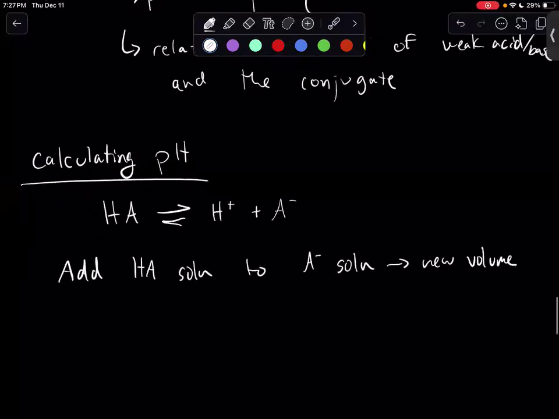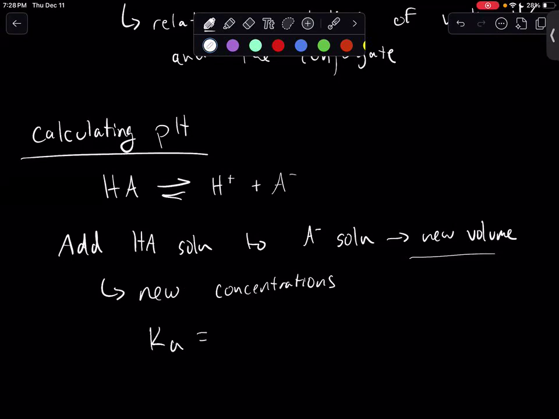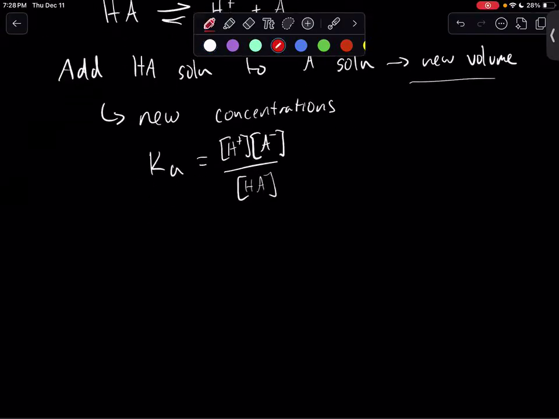So when you're creating a buffer, either via titration or by adding the salt to the acidic solution, we have a new volume. A new volume means new concentrations, which means you have new concentrations to plug into your Ka formula, where you're using these individual concentrations as you're calculating the concentrations of each. So let's go ahead and, with this information in mind, do an example.